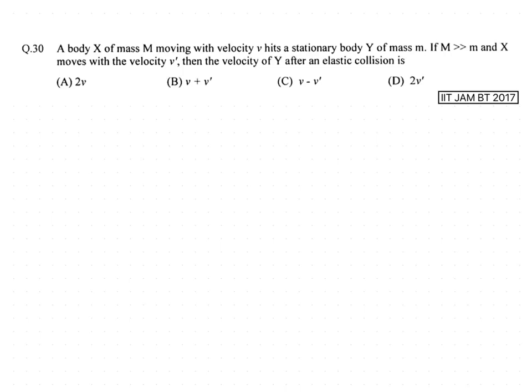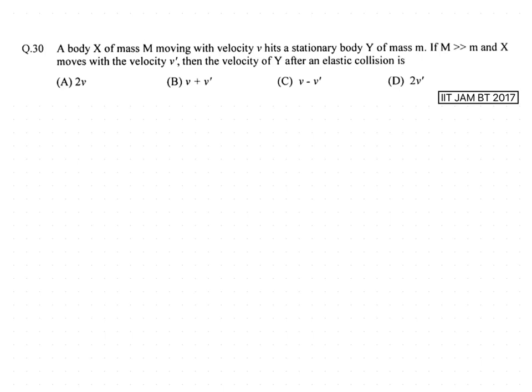In this video, we are going to solve a problem which came in the year 2017 in JAM Biotechnology paper. Here the question is, a body X of mass capital M moving with velocity small v hits a stationary body Y of mass small m.